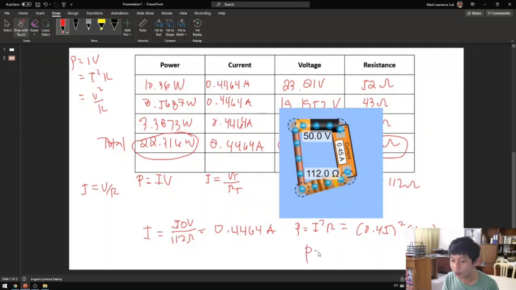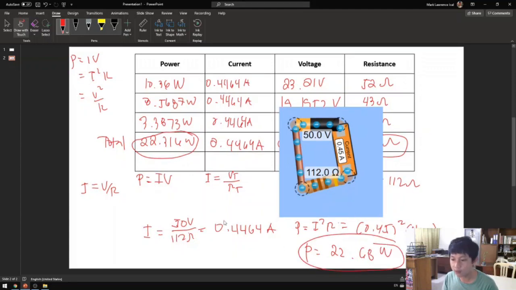Yay! We have power equal to 22.68 watts.